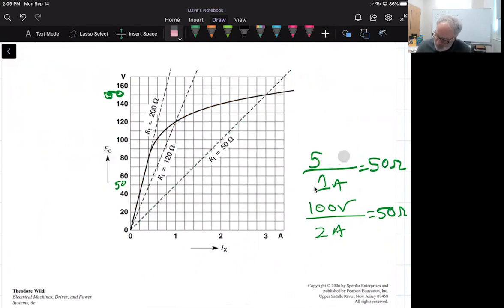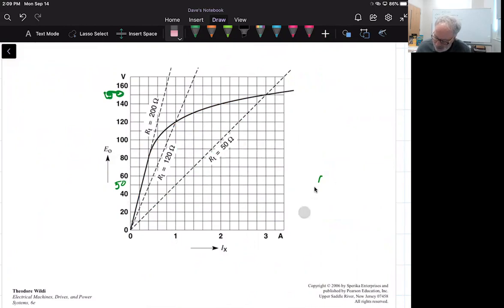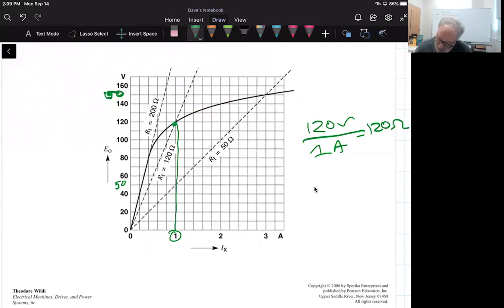Just to give you a real simple example, if this is 120 ohms, then at 1 amp, based on Ohm's law, 120 volts divided by 1 amp is 120 ohms. Let's see if that works. If I go up the curve, 1 amp, 120 volts.